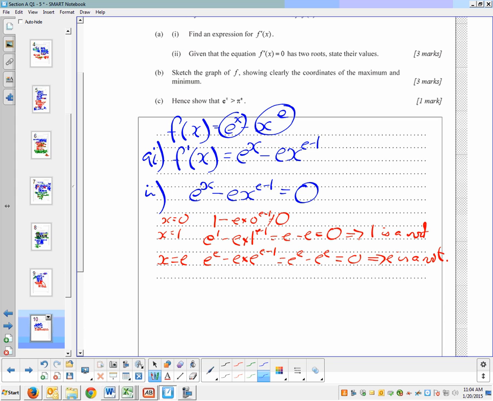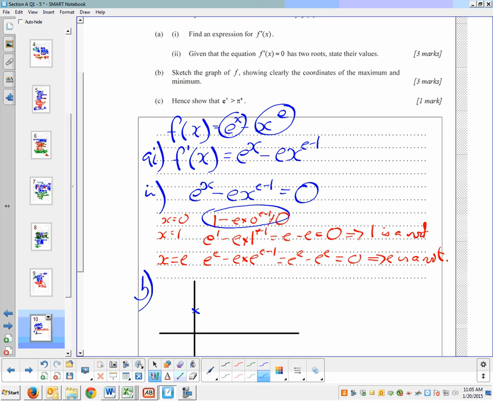So that means, what's the sketch of the graph going to look like? Well, I've got all the information I need for a sketch of a graph, really. I've got that at 0, it's equal to 1. That's what I worked out there. So it starts up here.